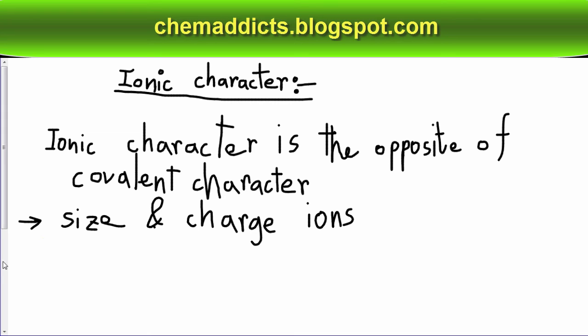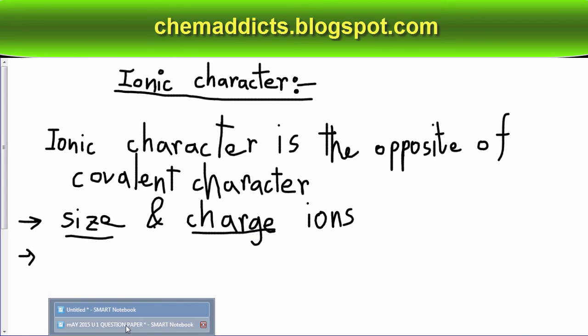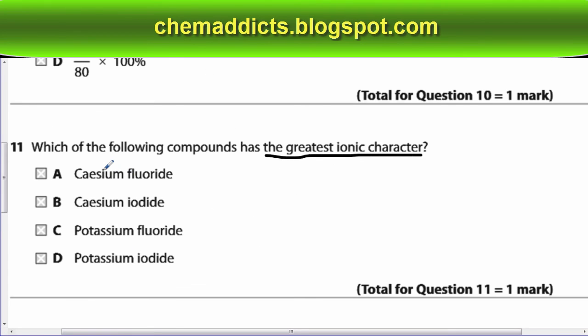So we will deal here with size, not charge, because all charges are the same here. If you have noticed, here cesium is +1, fluoride is -1, cesium here is again +1, and iodide is -1.